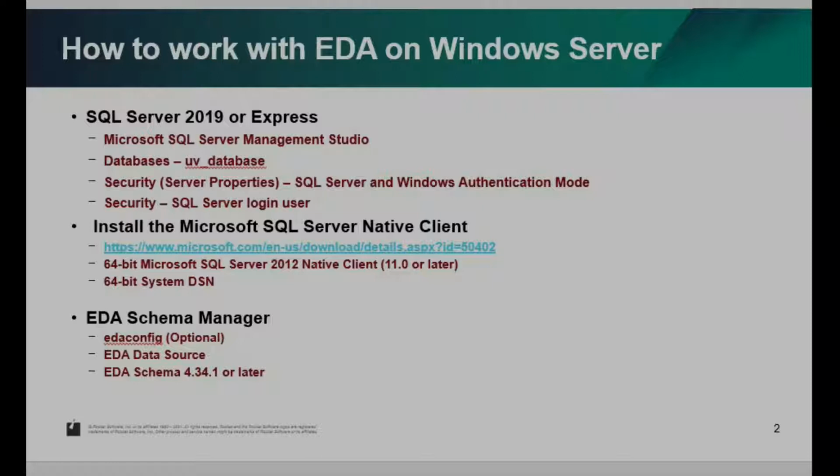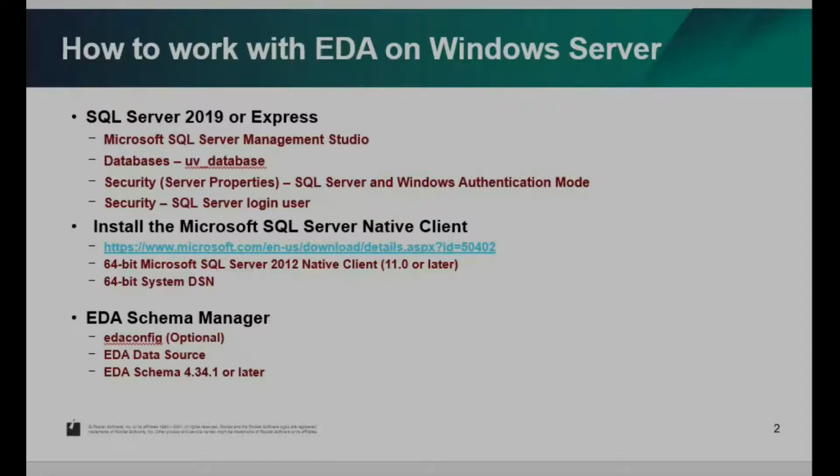After you set up the ODBC DSN setting on the server side, then you can use the EDA Schema Manager tool to connect to your U2 server. For the U2 server, you must have a license authorized to use EDA.